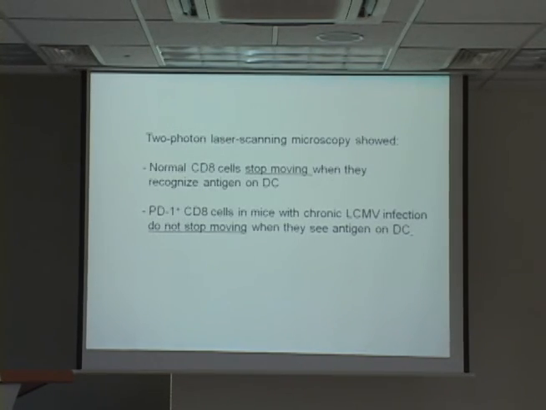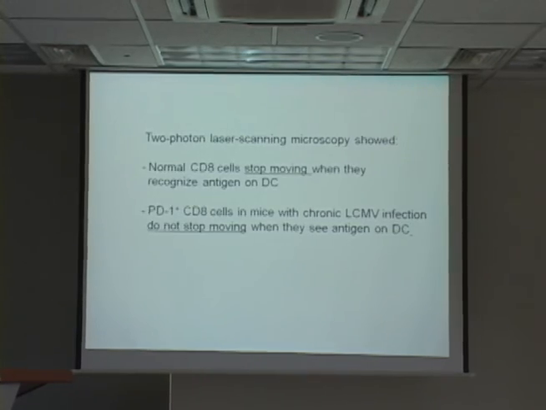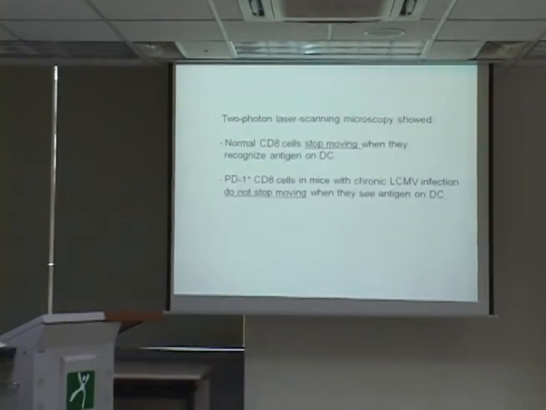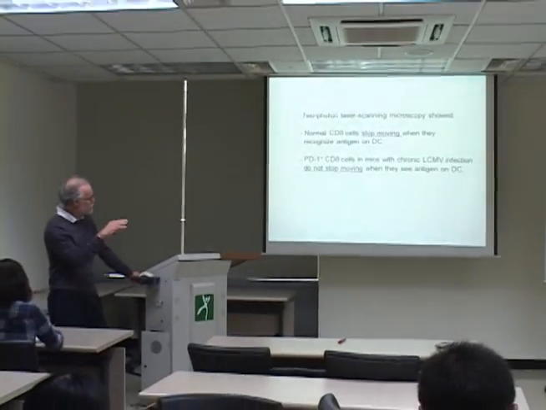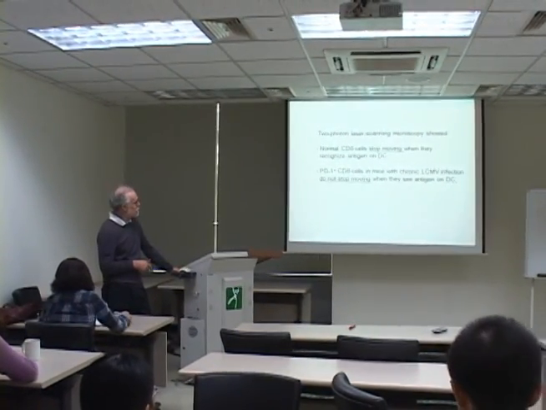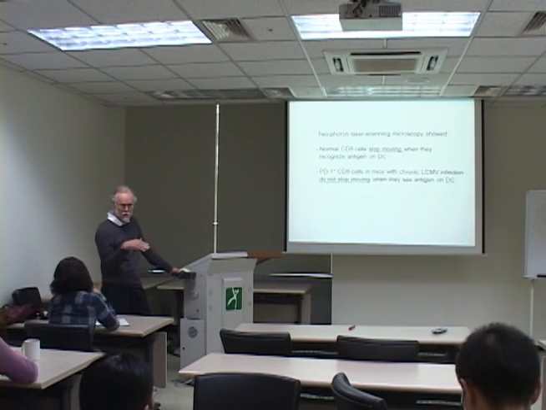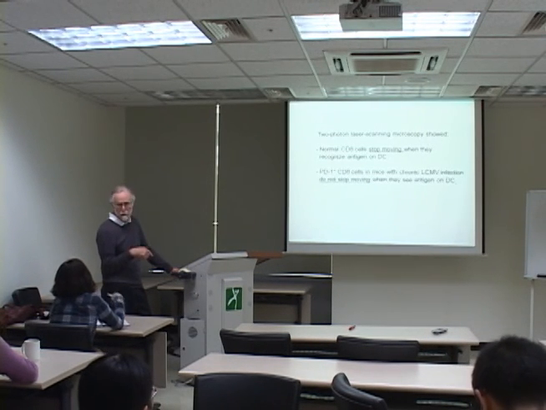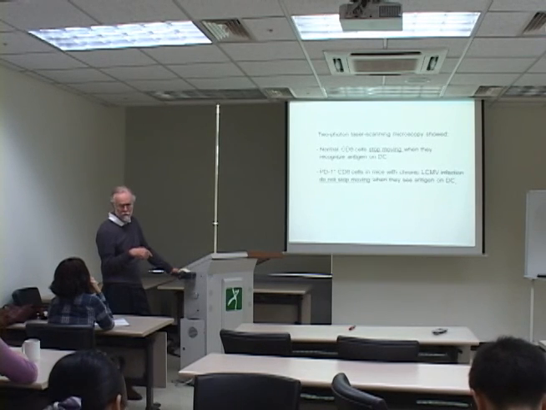Okay, so I've gone a few minutes over, so I'm going to stop there. I hope I've given you some sort of appreciation about what can happen during interaction with APCs and what can go wrong. So, are there any questions that you'd like to ask me about?